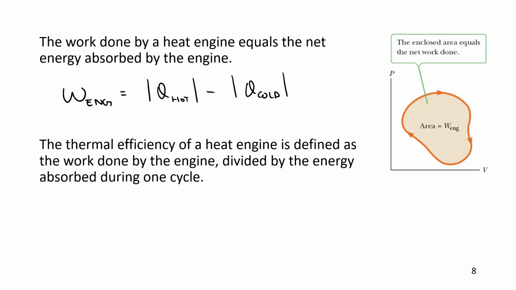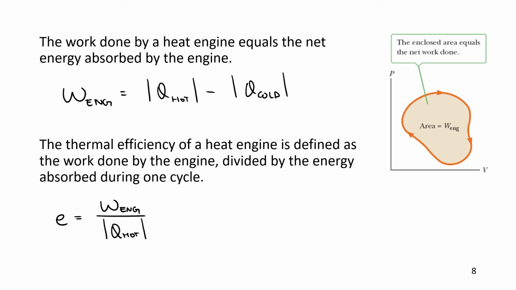So we can look at this efficiency right here. The efficiency of an engine is equal to the work that it produces over the amount of heat that the hot reservoir contains.